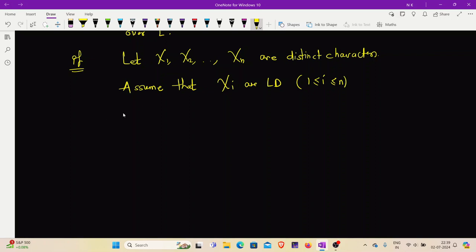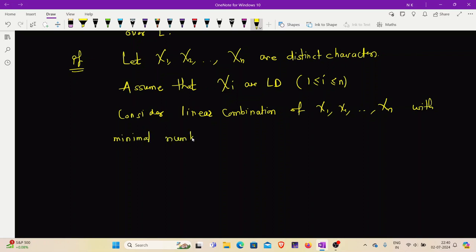So let's consider a linear combination of chi1, chi2, so on chi-n with the minimal number m of non-zero coefficients.